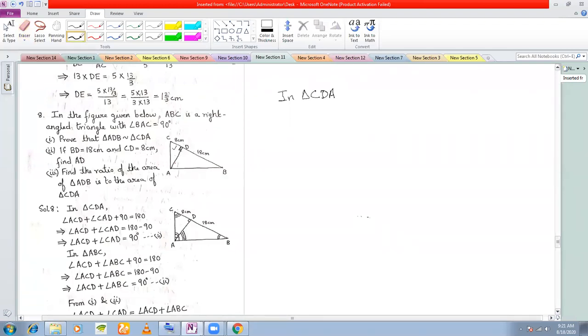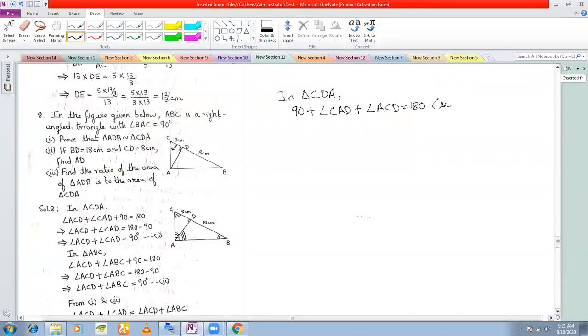In triangle CDA, okay, the smaller triangle, this triangle that I have taken. What happens? Sum of interior angles of a triangle is 180 degrees. So you have 90 degree as one angle plus angle CAD plus angle ACD is equal to 180 degrees, right?